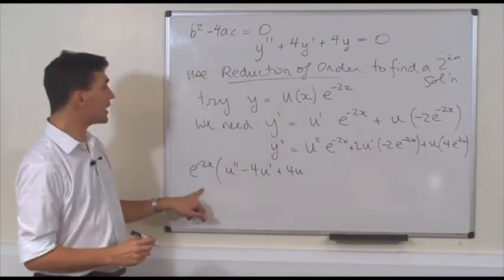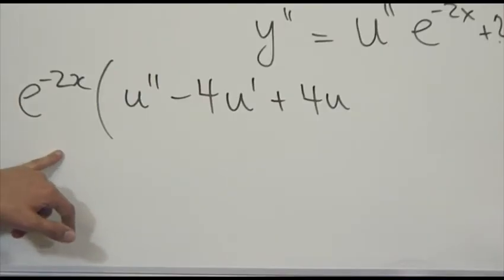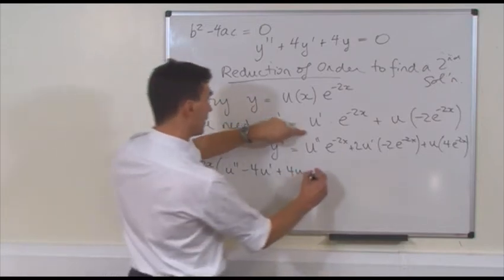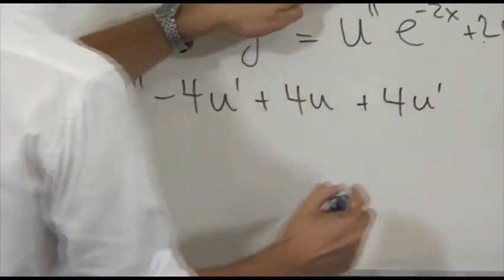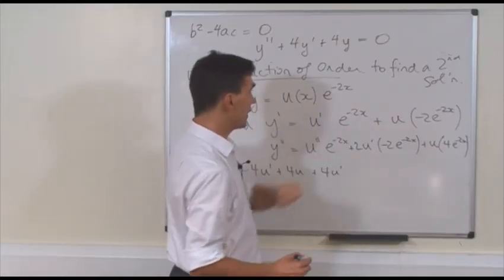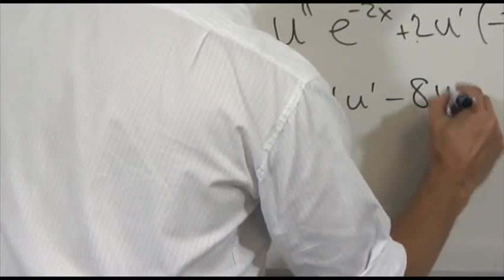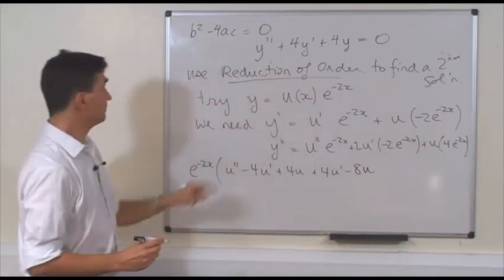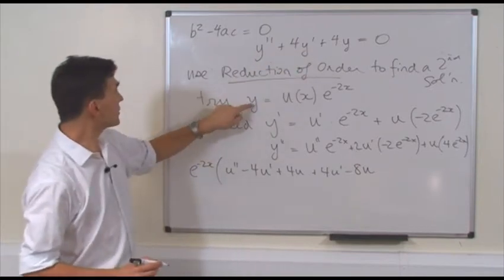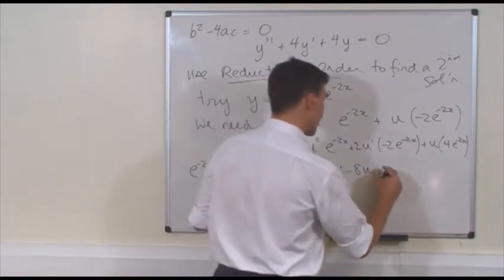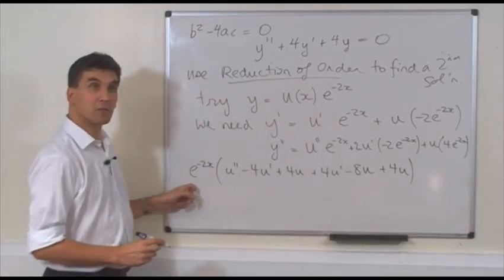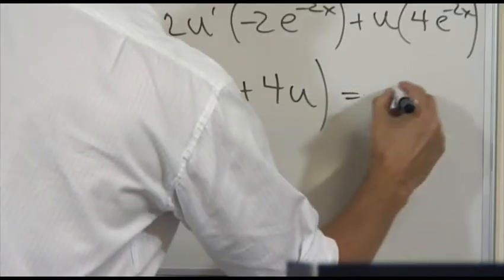Okay, that is the y double prime. And now we want 4y prime. So we need 4 of these. So we want 4 u primes and 4 of these. So this is minus 2 times u. So 4 of those is minus 8 times u. And now we want 4 y's. So it is 4 times u times e to the minus 2x, so it's plus 4u. The e to the minus 2x's have come out in front, and that's now equal to 0.